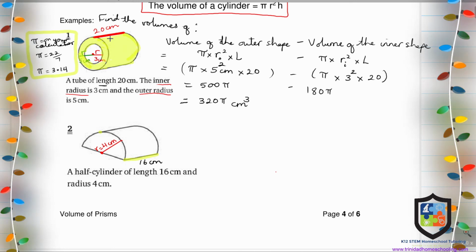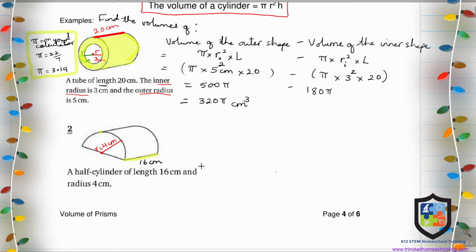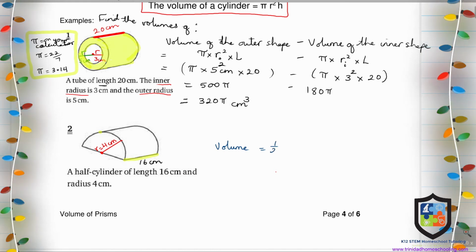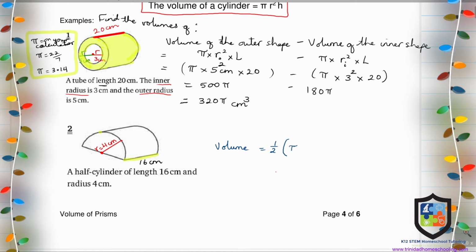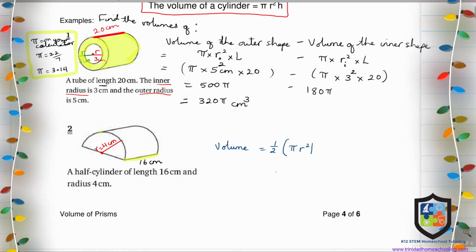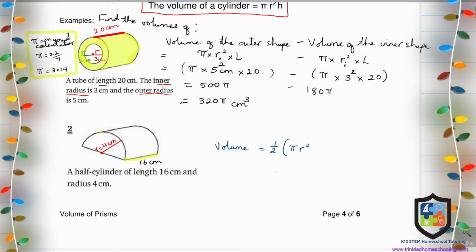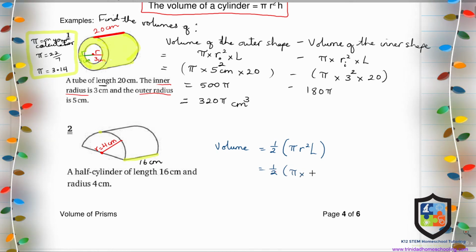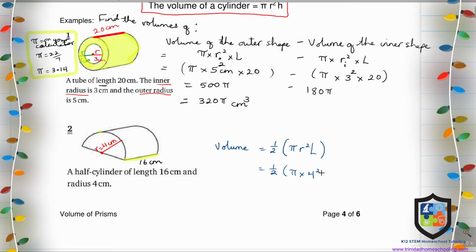So let's find the volume. Now this is half of this cylinder. Okay, so the volume here is going to be a half of the volume of a cylinder. So it's a half of pi r squared multiplied by the height, or in this case they said it's the length, so we use L. So it's a half of pi multiplied by my radius squared, which is 4 squared, multiplied by the length, which is 16.